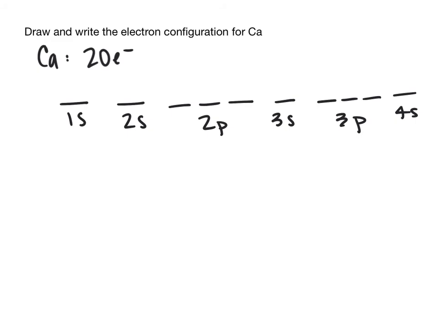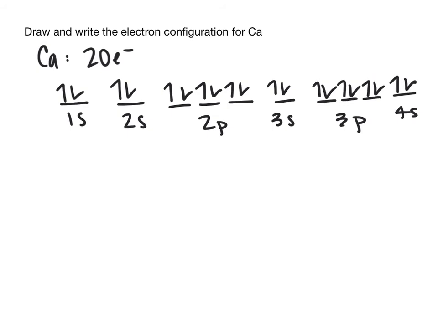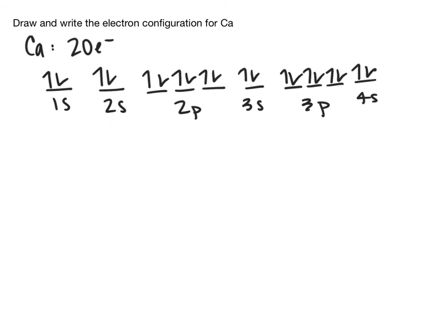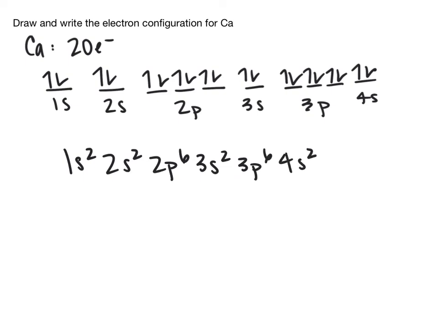So then we can just start putting them in. 1, 2, 3, up to 20. So we've used all of our electrons, and they are 1s2, 2s2, 2p6, 3s2, 3p6, 4s2.